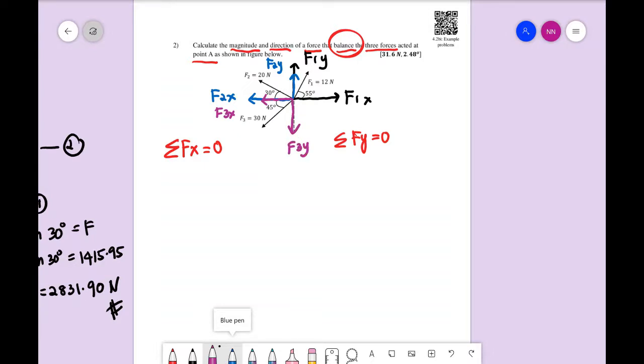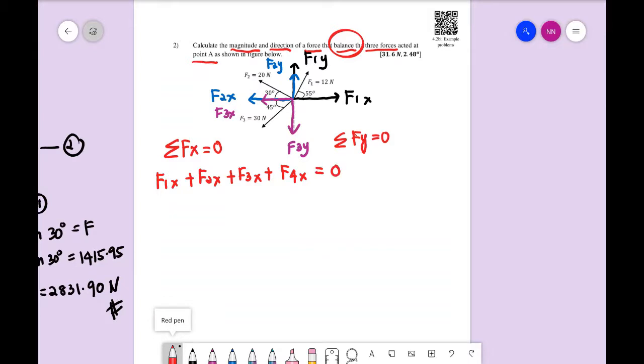Alright, then we can add F1x plus F2x plus F3x, and then the force is F4x. We don't know the location of the F4 that balances these three forces.